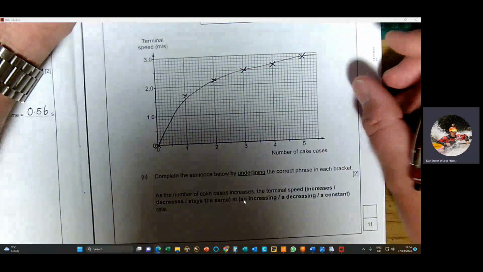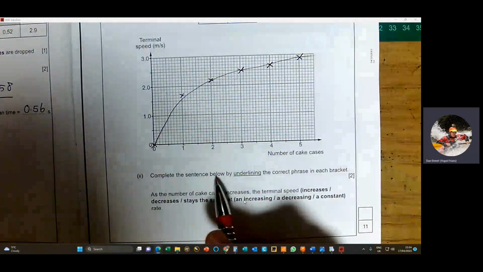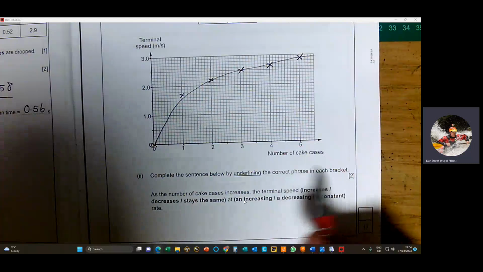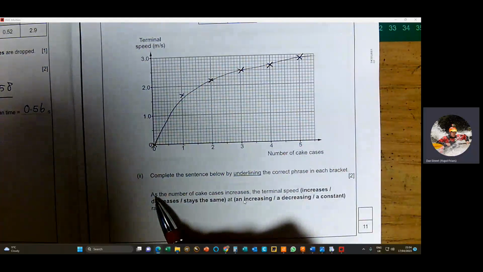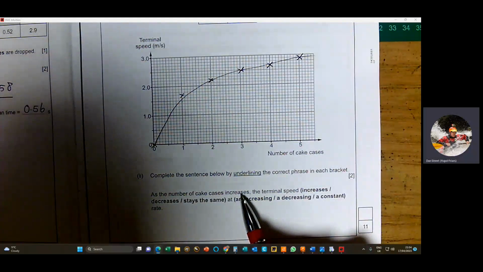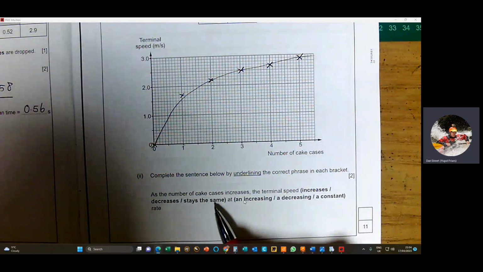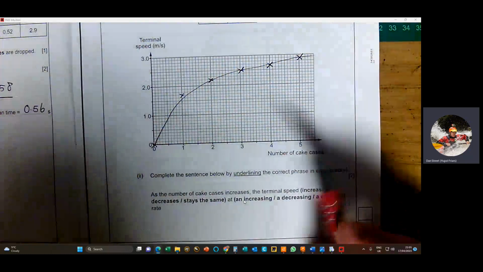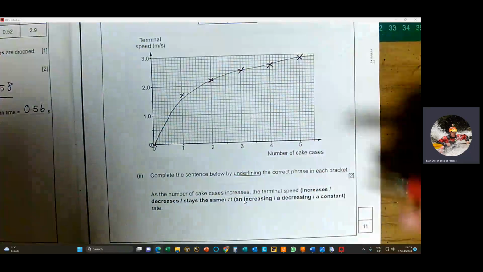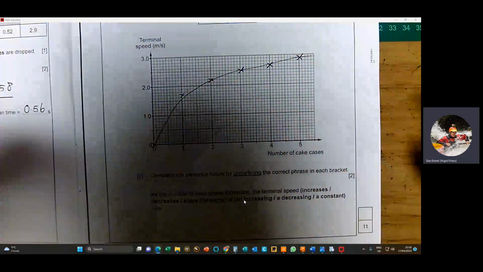And then the final question, sorry, on this part is, complete the sentence below by underlining the correct phrase in each bracket. So, as the number of cases increases, the terminal speed increases, decreases, or stays the same. As we go across here, these values are getting bigger, so that would be increases.